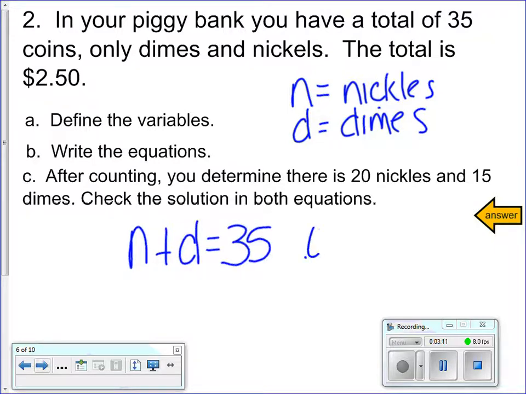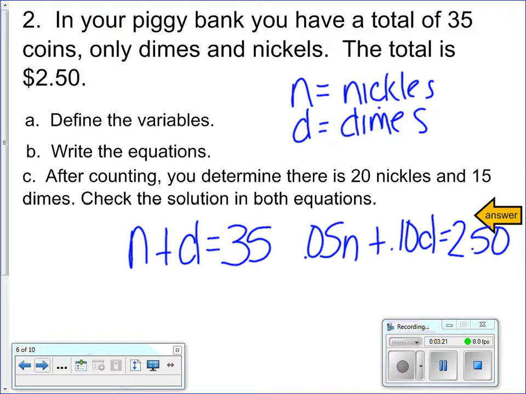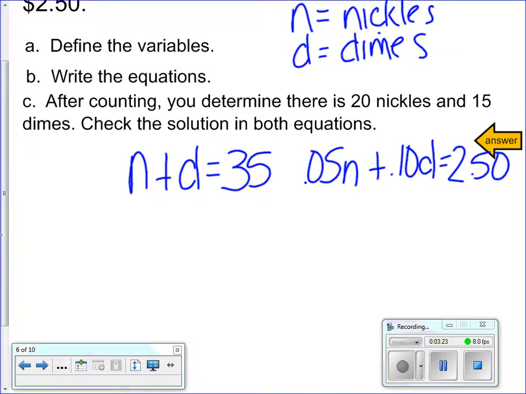And then 5 cents per nickel, we know that, and 10 cents a dime, and the total is $2.50.